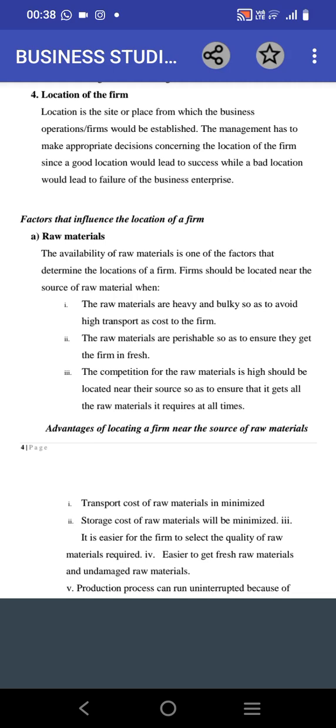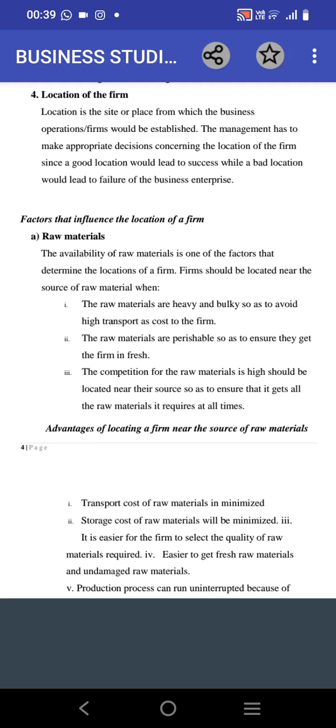Let's see the definition of location of farm. Location of farm is the site or place from which business operation or farms will be established. The management has to make an appropriate decision concerning the location of the farm, since a good location will lead to success while a bad location will lead to failure.